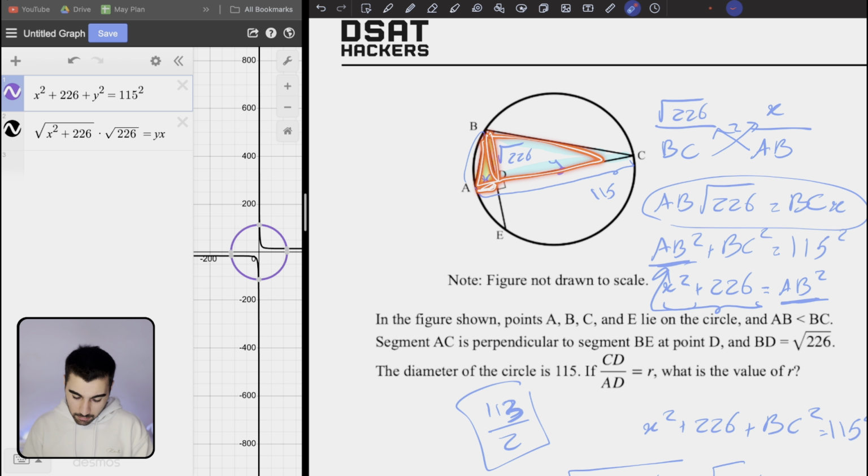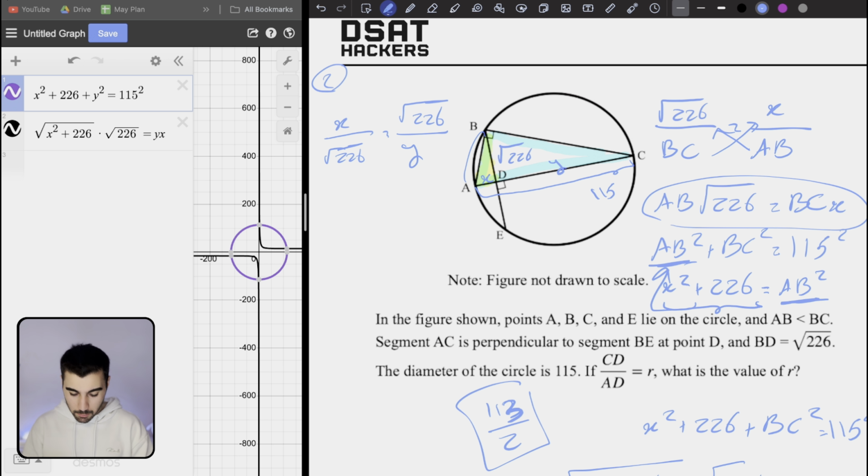So the short side over short side is x over root 226, equals the longer side in the small triangle, root 226, over the longer side in the larger triangle, this one. The longer side here is y. So root 226 over y.